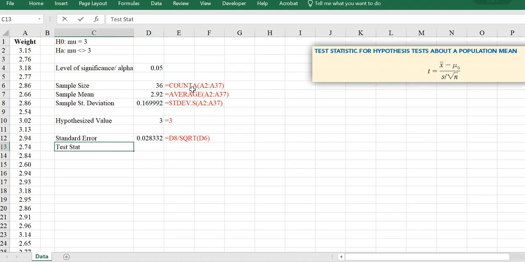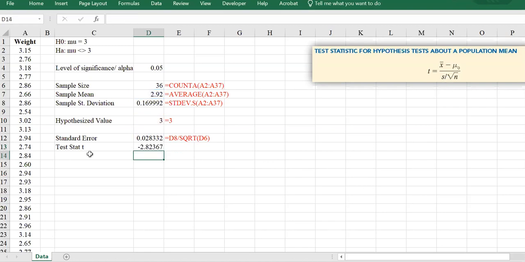From all these ingredients that we have, we can go ahead and find the test statistic, T, and that would be x bar minus mu 0, the hypothesized value, divided by the standard error, S divided by square root of n.